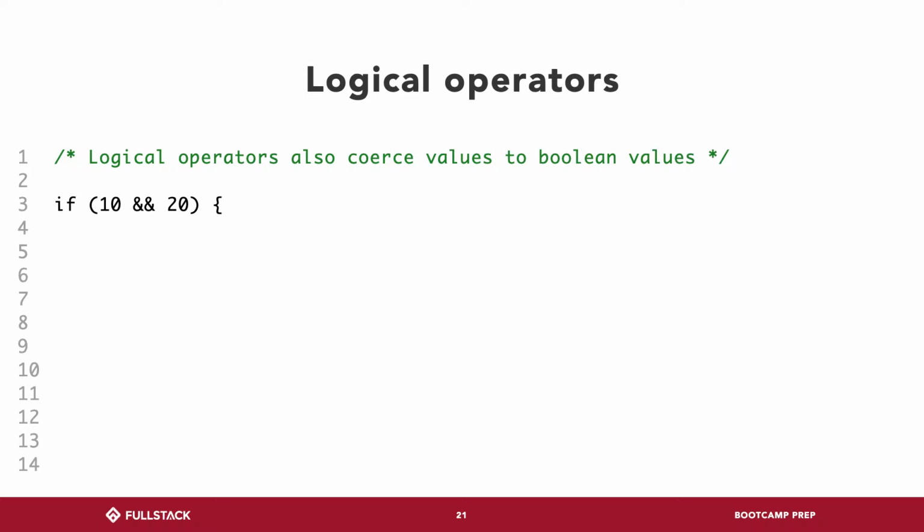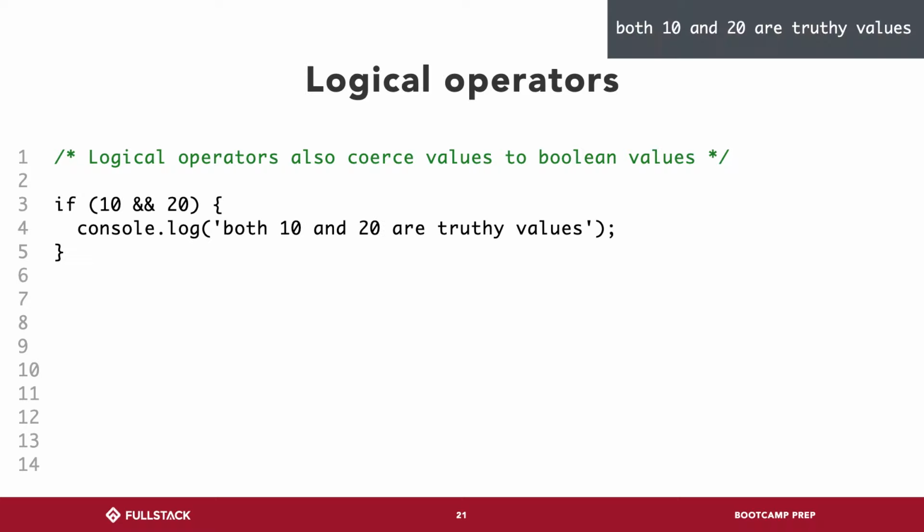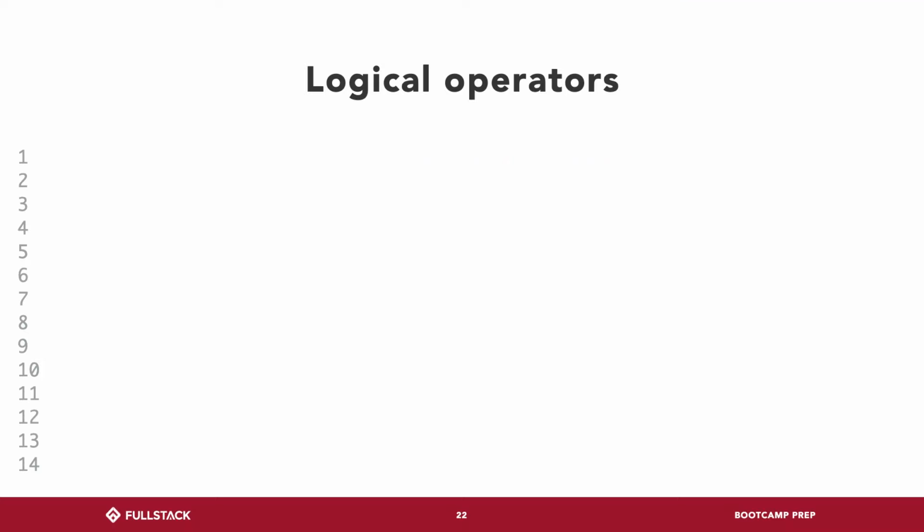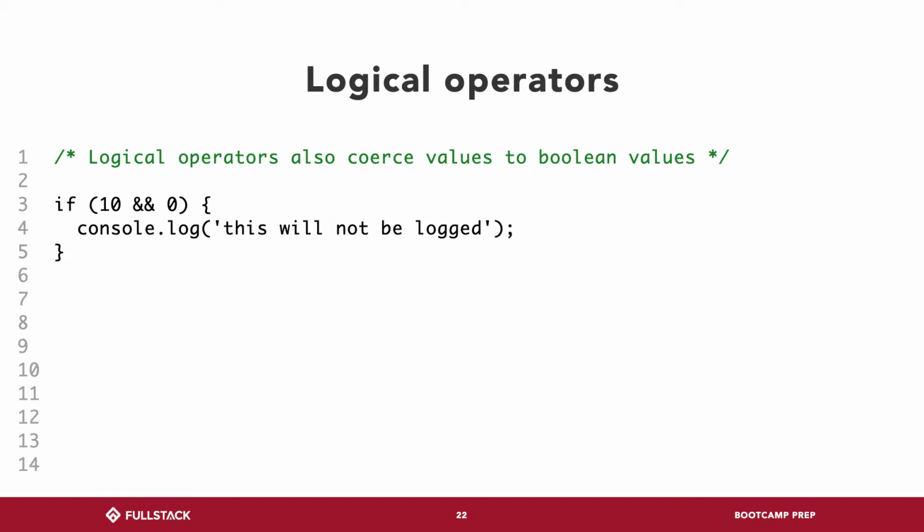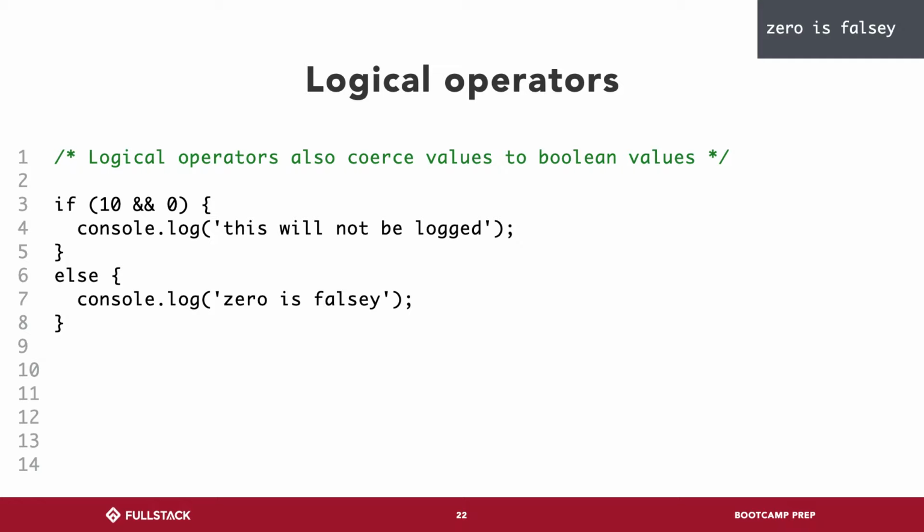Logical operators also coerce values to Boolean values. Right? 10 and 20. Both of those things are truthy, so you get true. I mean, you get inside the if. Right? Logical operator. So if you do 10 and 0, that isn't truthy, right?